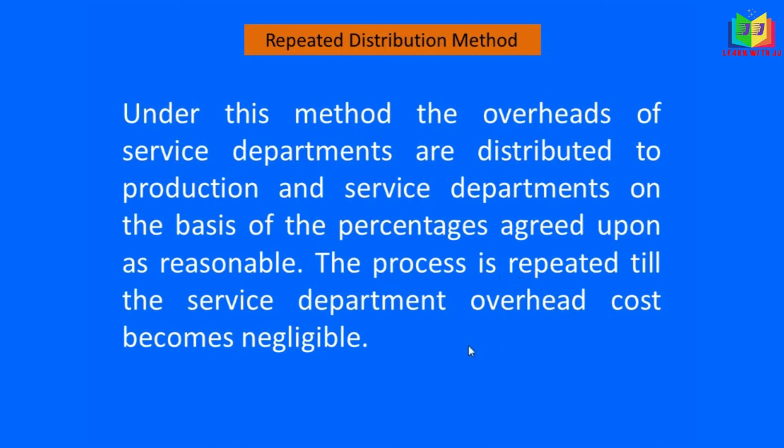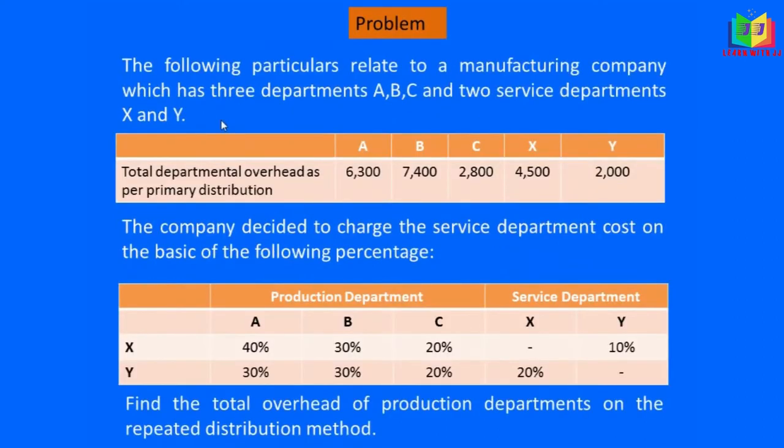Let's see one problem. The following particulars relate to a manufacturing company which has three departments A, B, C and two service departments X and Y. Here the overheads as per the primary distribution are given. The company decided to charge the service department cost on the basis of the following percentages.